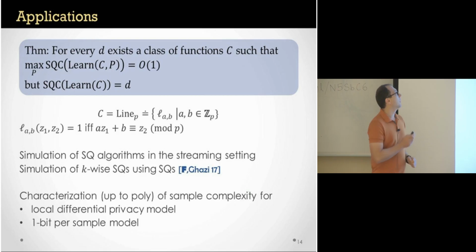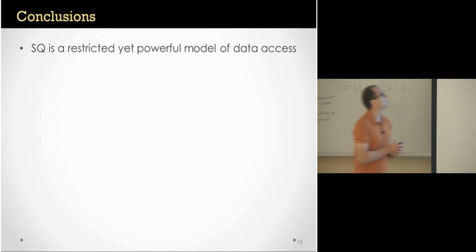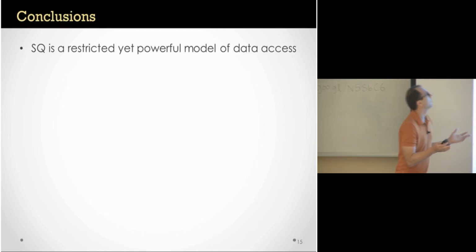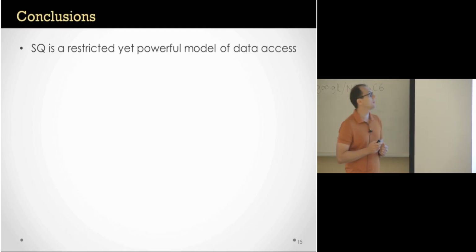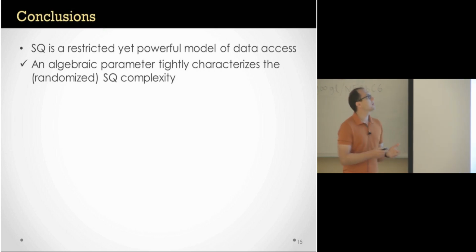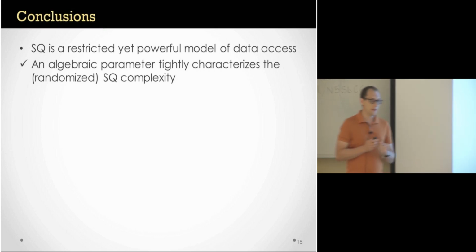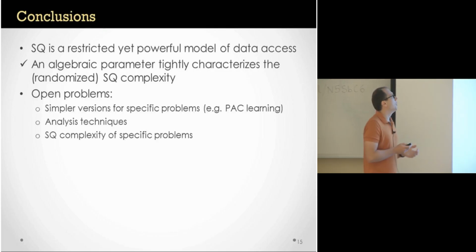Okay, let me conclude. What I tried to convince you of is, first, that the statistical query model is a restricted but still powerful model of access to data. I showed you an algebraic parameter, which is relatively simple and tightly characterizes the randomized statistical query complexity. There are many open problems.